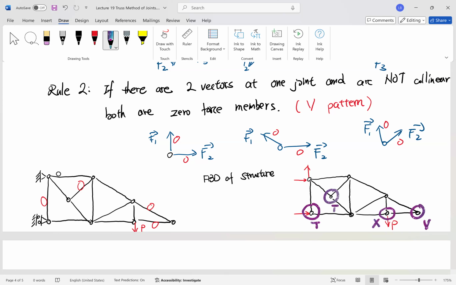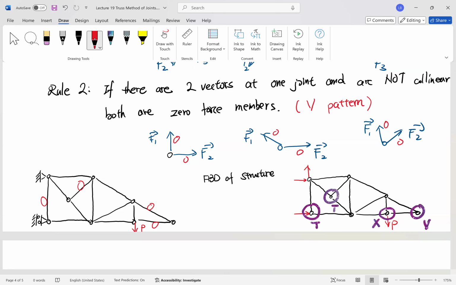Okay. So for an X pattern, you can see that the external force P is also the internal force in the vertical truss member here. And the two horizontal members, their internal forces are equal, but there's nothing else that we can tell.